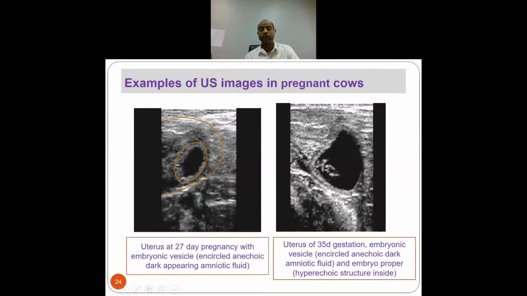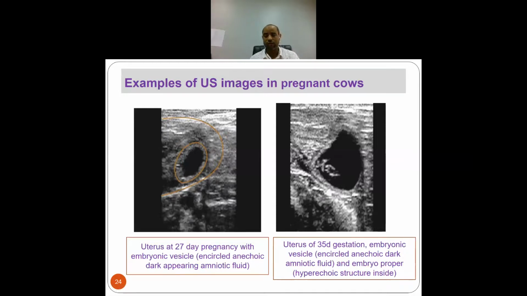But as time goes on, at day 35 of gestation, you can see the area of amniotic fluid, which appears as a dark anechoic space, is getting bigger, and the embryo also becomes more visible, as you can see here. So this is a more hyperechogenic structure, and we refer to this as the embryo proper.